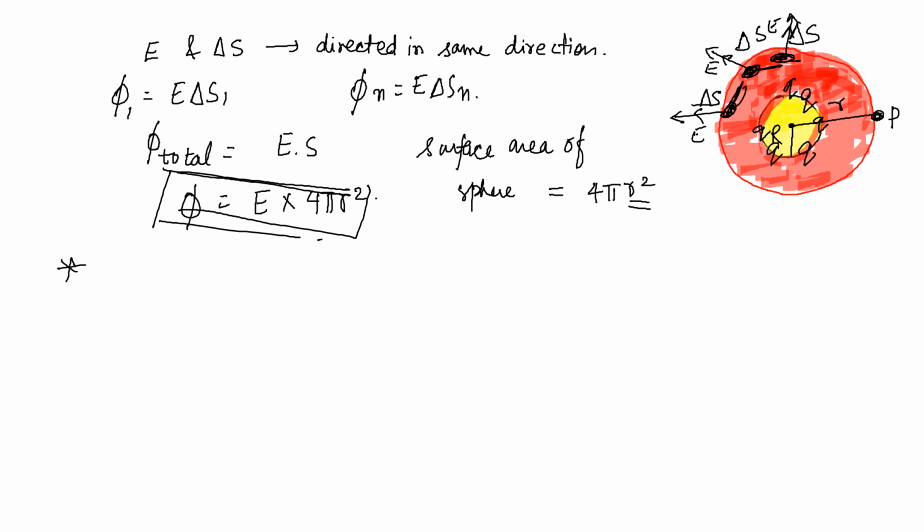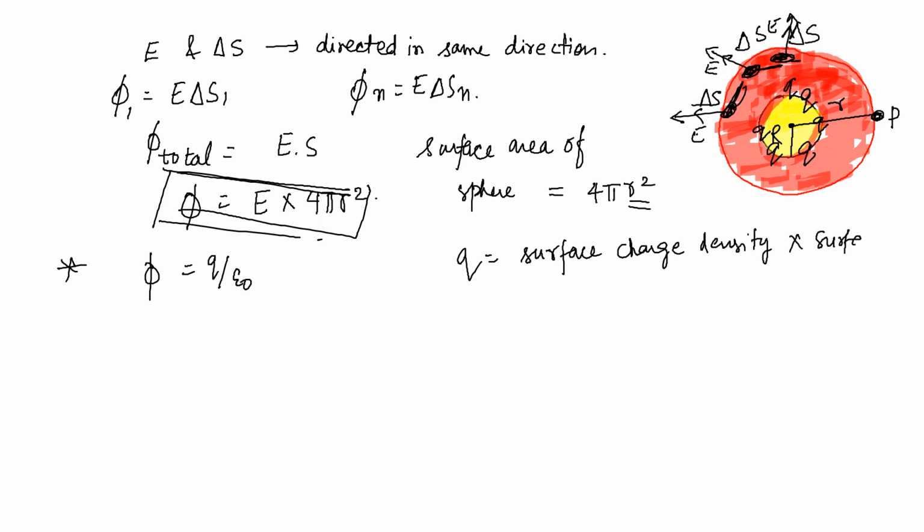Now the second thing, we know that flux equals charge upon epsilon naught. Here charge equals surface charge density into surface area. So here Q will be equal to sigma into 4 pi R square.